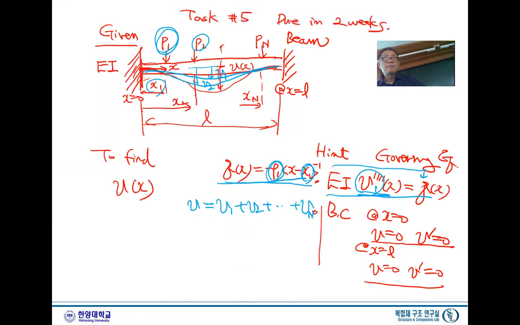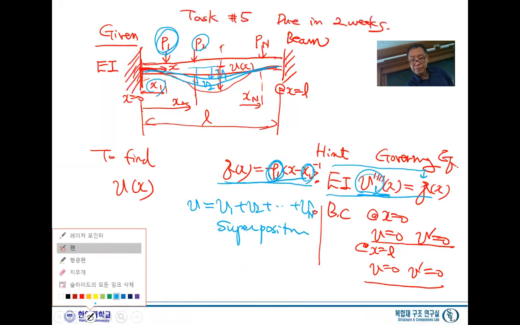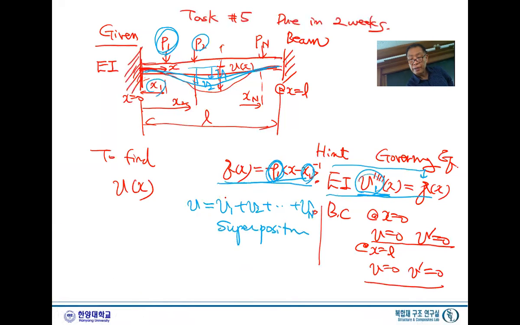Is that okay? Yes. Please remember what I said. It's called superposition. Just solve Q1 and get the V1. This solution will be P1, this solution will be P2, and so on. This is a solution for the Pn.